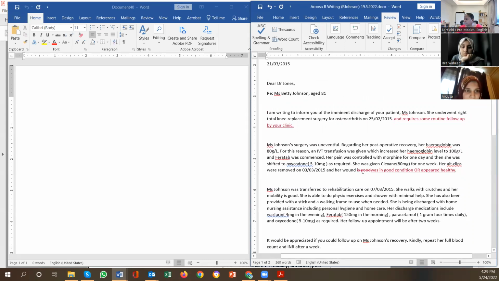Okay. You know why I wrote this in present tense? Because even in today's visit the wound is still good. It's mentioned again on the next visit that her wound is good. But that is note form. Remember, the case notes are in note form.